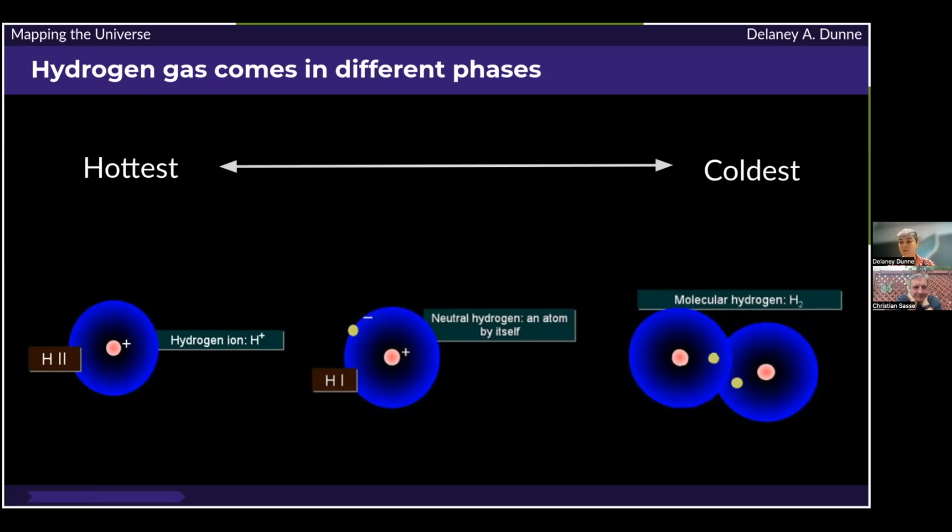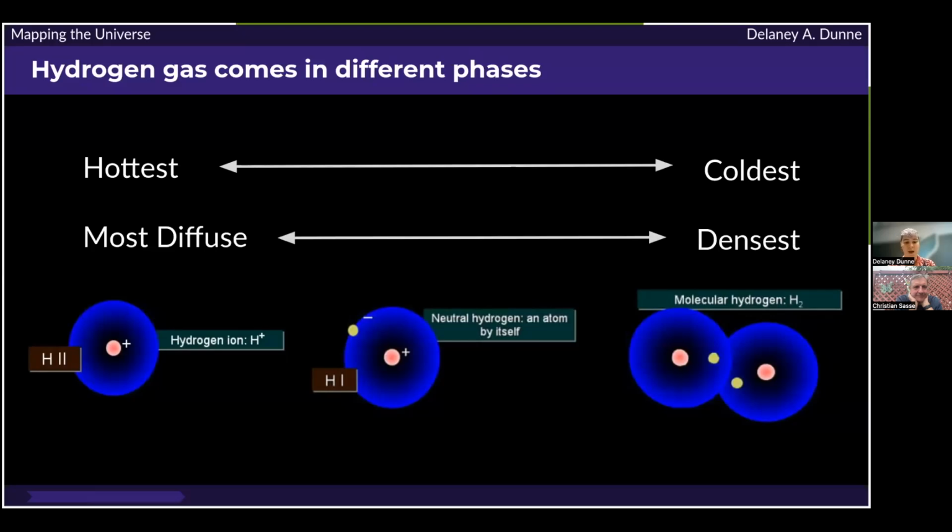And in the universe, where we don't have the gravity we think of on Earth keeping things clumped together, we just have self-gravity, molecules attracting each other. We actually tend to see molecular hydrogen in very dense regions and ionized hydrogen in very diffuse regions.